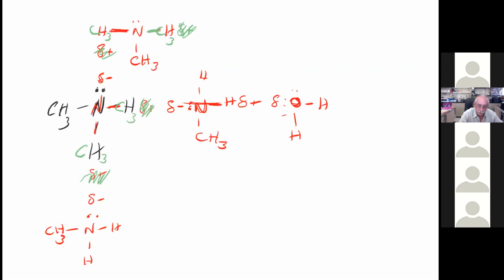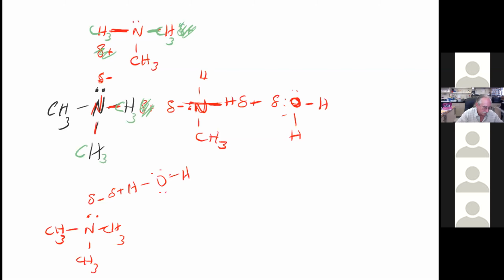What about between a tertiary amine and a water molecule? Let's see. So here's a tertiary amine. Here's still the partial negative that's going to attract the partial positive of a water molecule.